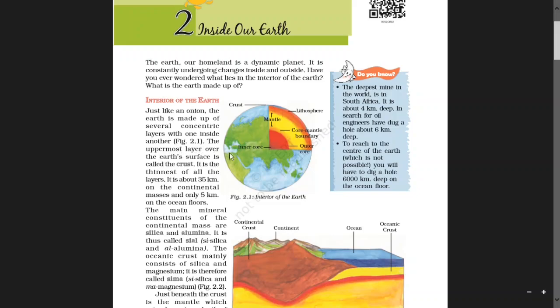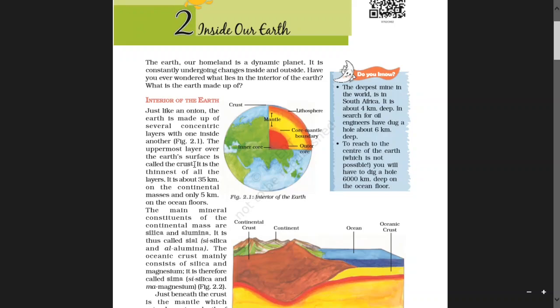The uppermost layer over the earth's surface is called the crust. Yes, that means the earth has different layers. The uppermost layer is the layer where we build our houses, buildings, construct roads, and where all plants and trees grow.